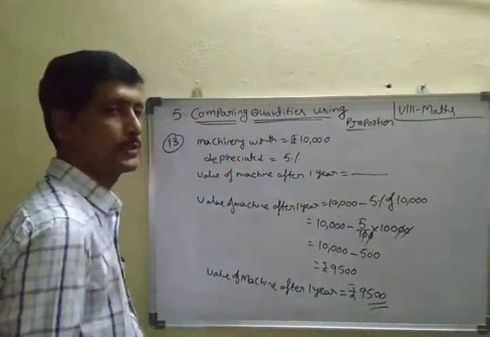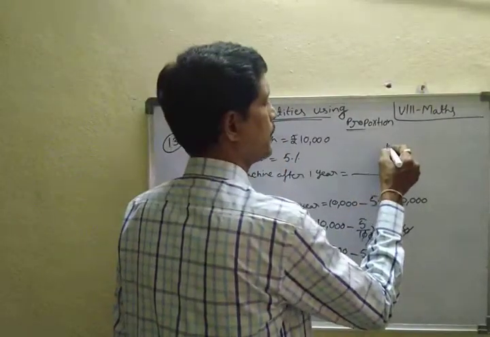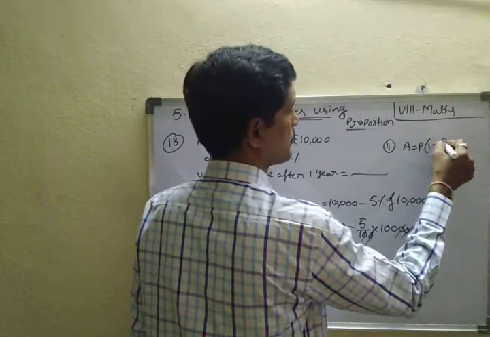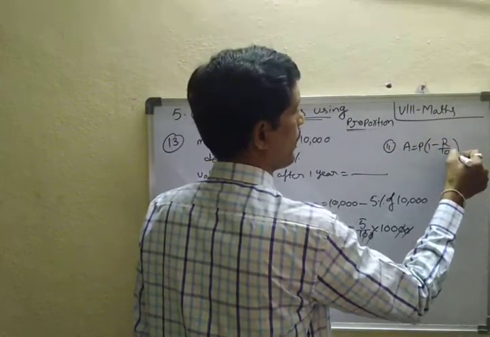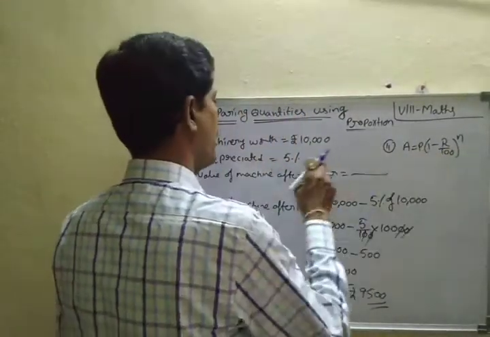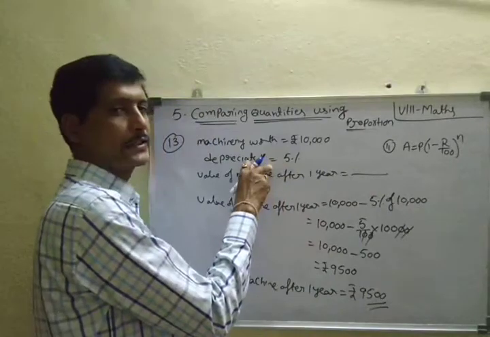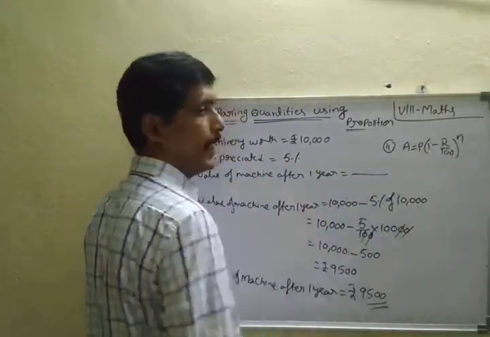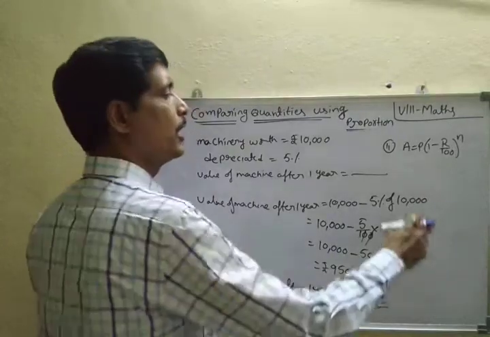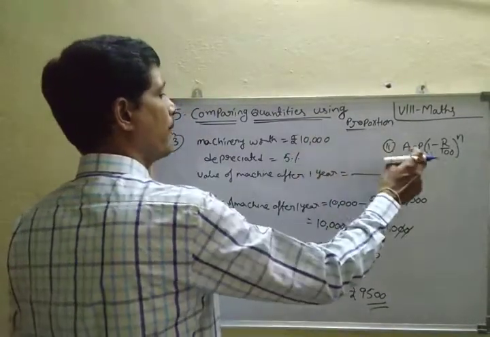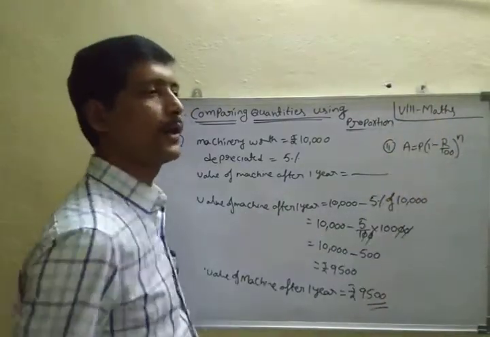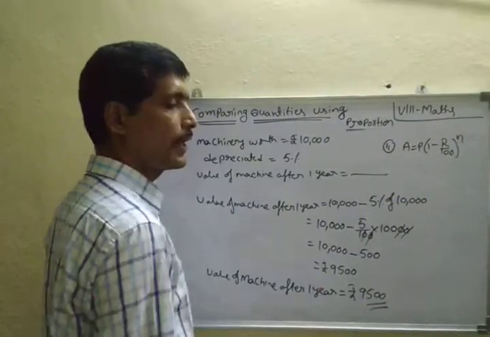Any method is your choice. Otherwise, the second method is A equals P into 1 minus R by 100 whole power n. Here why negative? Because the value is depreciated, that decreases, so it is 1 minus R by 100 whole power n. Substitute P value 10,000, 1 minus R value 5 by 100 whole power n, simplify, you get 9,500 also.